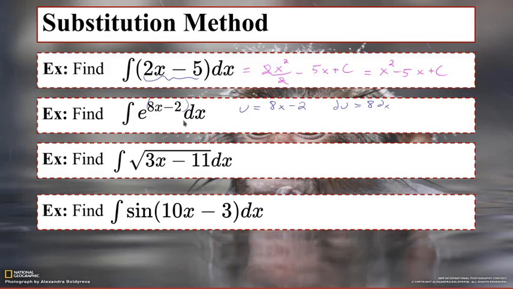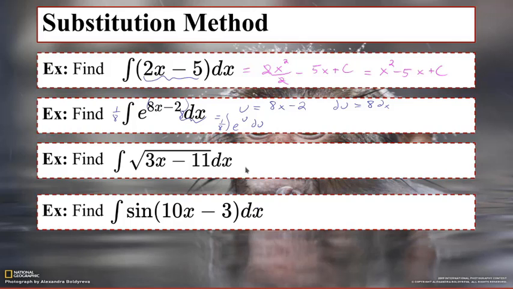Now I don't have an 8 dx, but I'm going to use that trick again because it's just a constant. Multiply by 8 and divide by 8. So what we're integrating then is e to the u du, but I have that 1/8 out front. The 8 dx is my du.